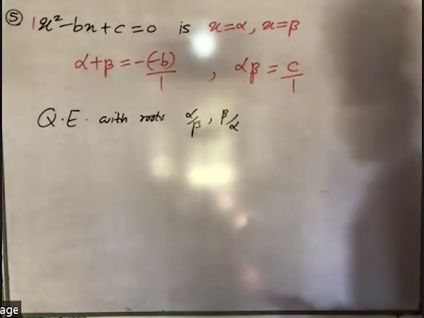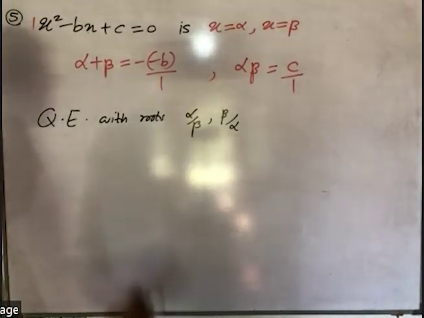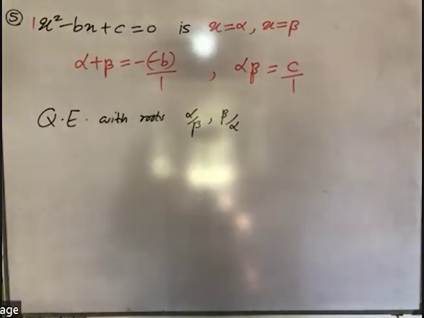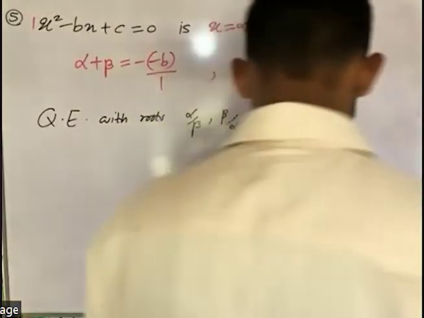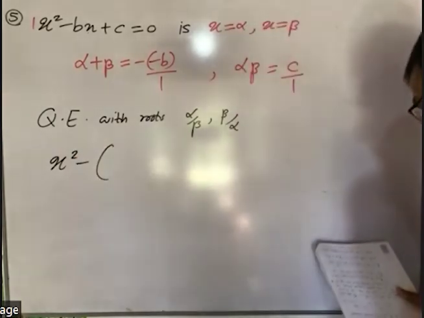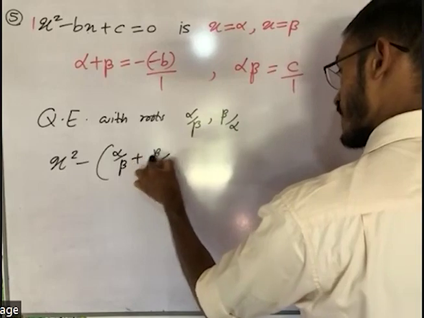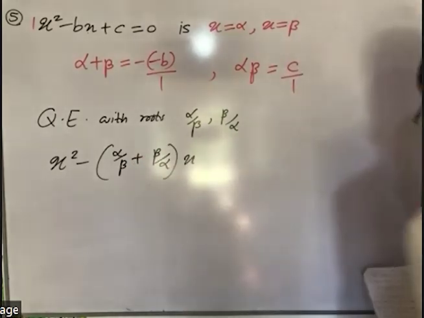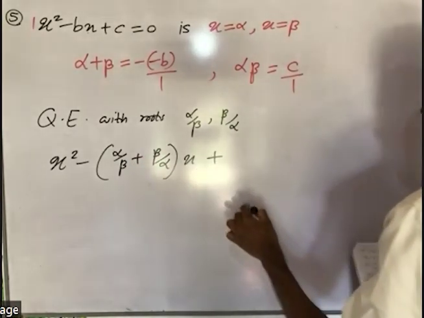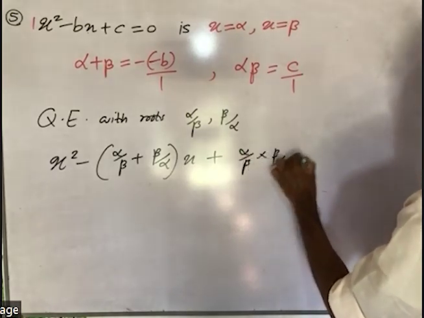Right. Now here, in the first step, they are asking to find the quadratic equation, not derive. So you can use the step-by-step method to find the equation. We can use our formula: x square minus the sum of roots, which means alpha over beta plus beta over alpha, into x, plus the product of roots, alpha over beta into beta over alpha, equal to 0.